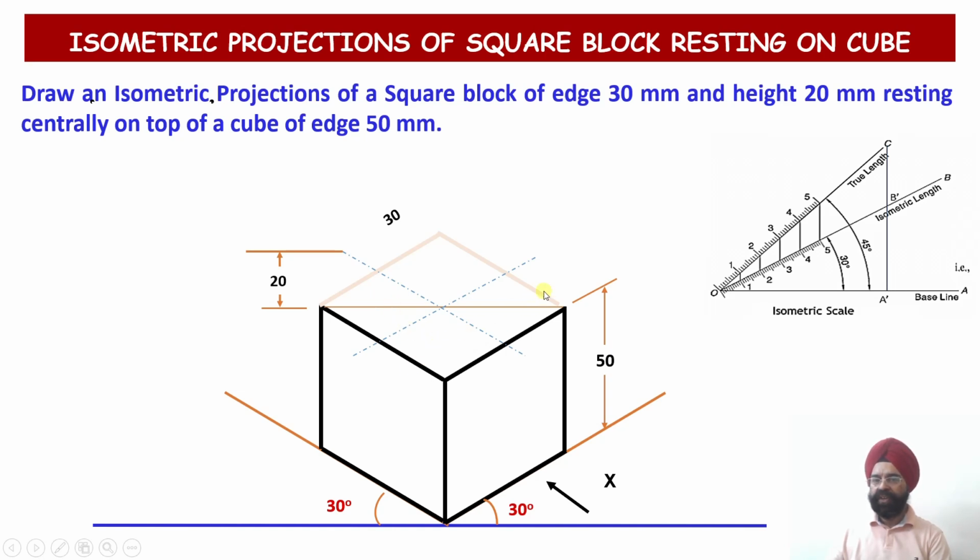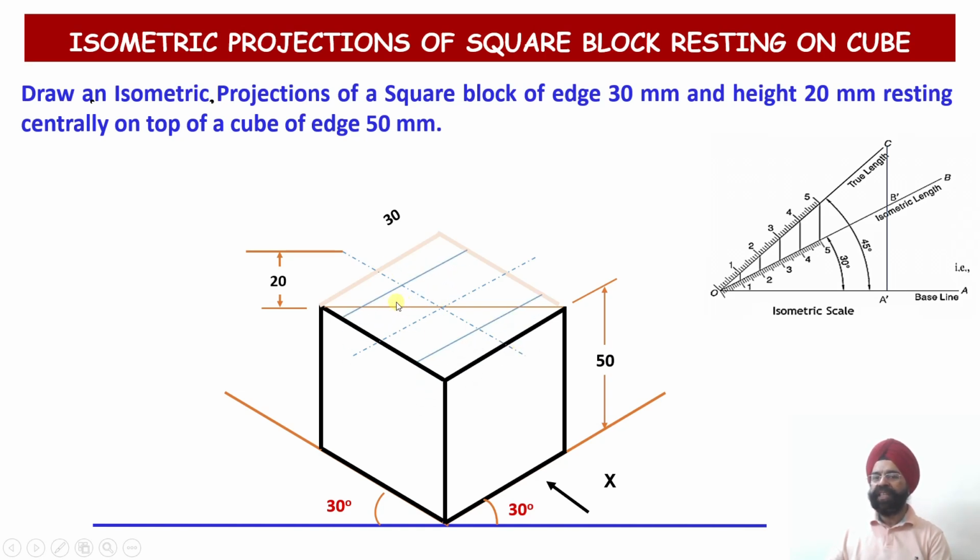So one construction line over here, one construction line over here at a distance of 15 millimeter and 15 millimeter from here, so that the distance between these two projection lines will be 30 millimeter. Similarly, parallel to this axis line, I will be drawing another construction line over here and one more construction line over here, so that the distance between this construction line and this construction line from the axis will be 15 millimeter each.